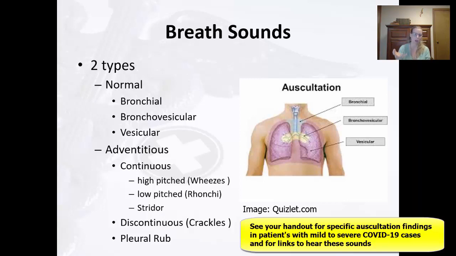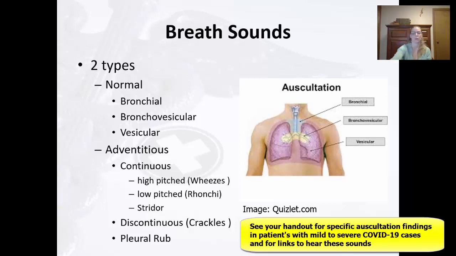Okay, so that's why it's called discontinuous breath sounds, because it's not going to be predictable or even or heard all the time. Pleural rub, I think it sounds like squeaky floorboards. Pleural rub refers to fibrous tissue in the lungs, and so it's often heard during inhalation and exhalation.